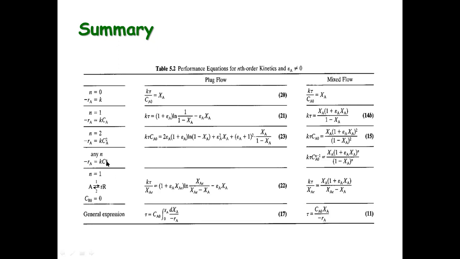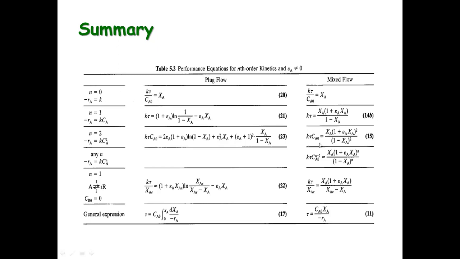Now, for any nth order reaction, class, it's suggested that you work on your given integral. You work on the integral if it's already 0.5 or 0.33 or negative 1.5 or something like that. So you have to work it out. But you have something ready already to use for 0, 1, and 2 orders for plug flow reactors.